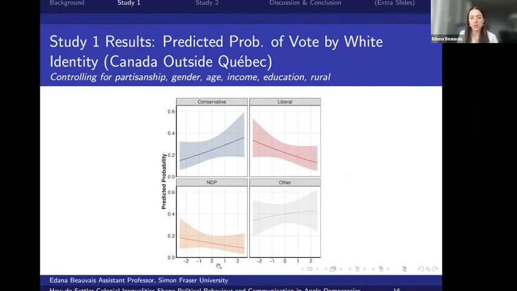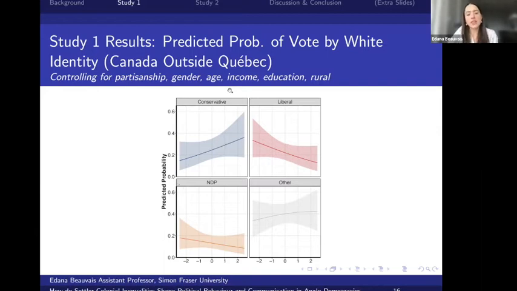As I mentioned earlier, this scale is standardized. So a 0 on the scale does not mean no white identity. All that a 0 means is the average level of white identity for the sample. And positive values means that somebody scores higher than average on white identity, and negative values means someone scored lower than the sample average.